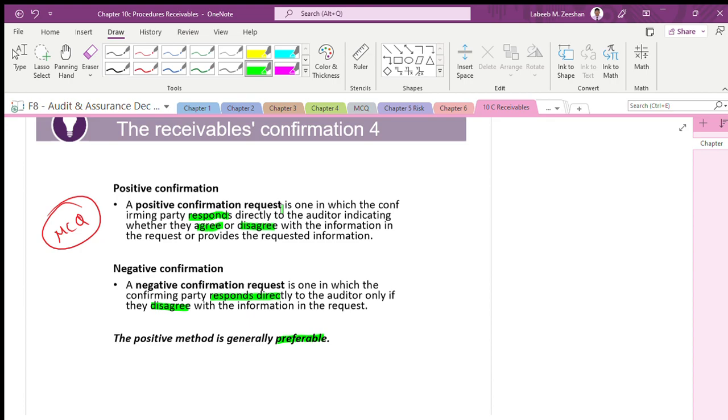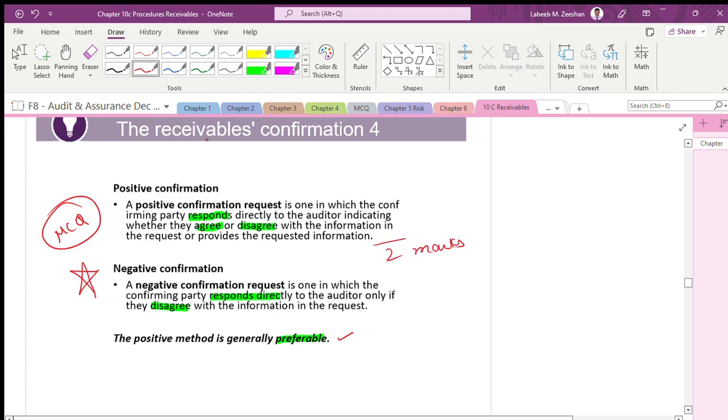It means whether a client agrees or disagrees, it has to respond with the information. They should not respond only when they disagree. This is the preferable one. Very, very important. At least they will give it 2 marks, 1 mark each.